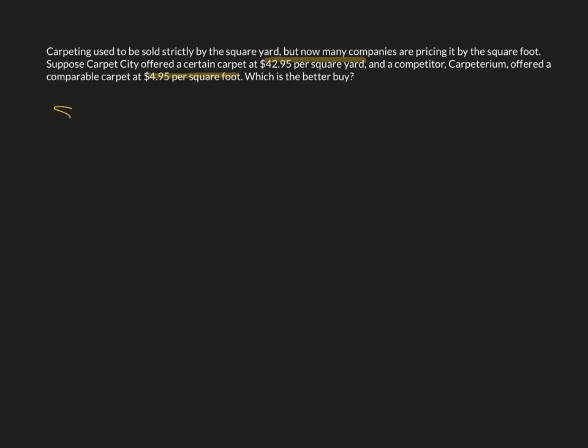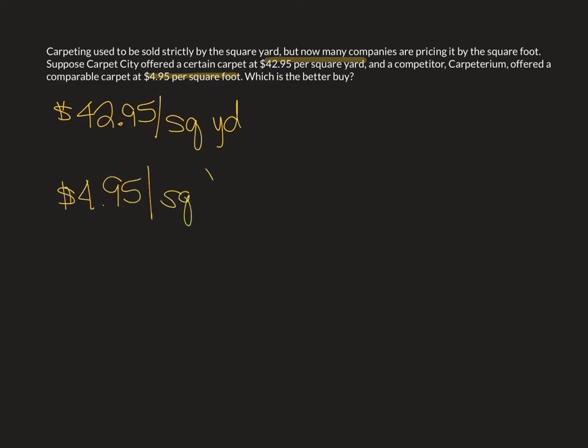We know that one of them is $42.95 per square yard, and the other one is $4.95 per square foot. So we need to get this $4.95 per square foot converted to some price per square yard.